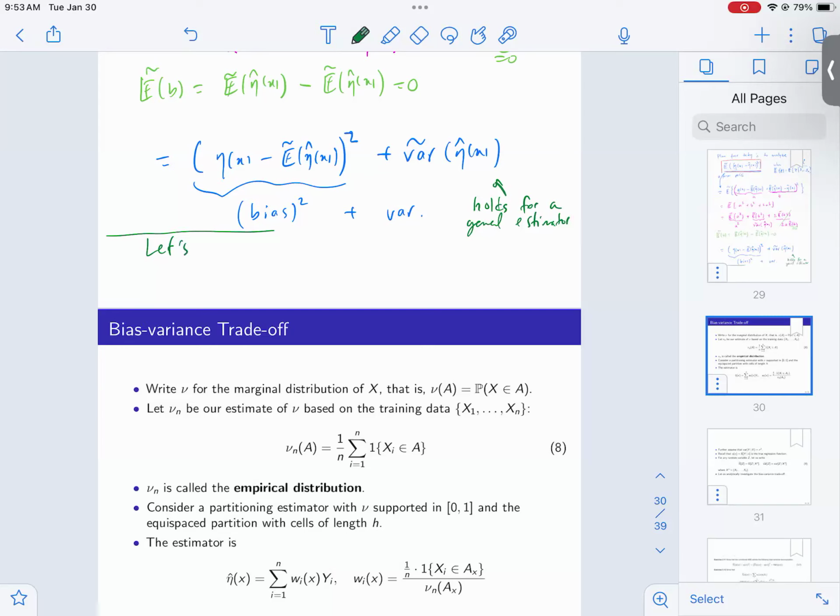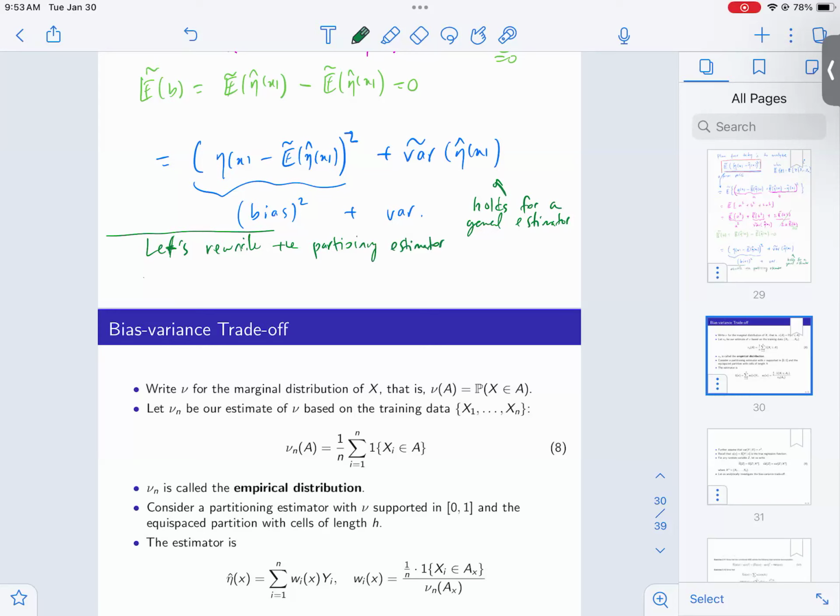Let's rewrite the partitioning estimator.